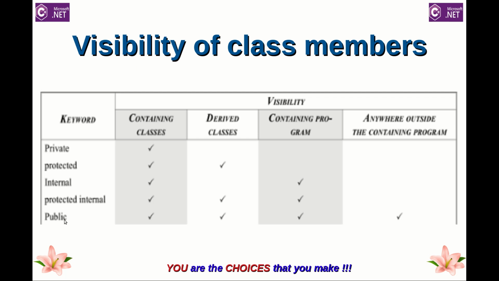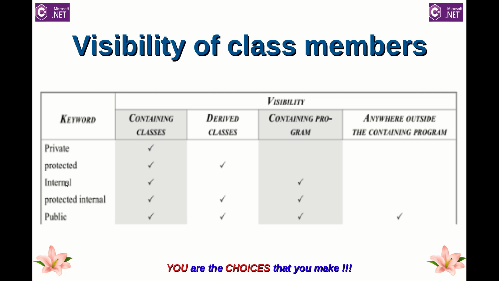And if you want to make the member to be accessed only in the class, declare it as private. If you want to make a member accessible in the class as well as in the derived class, declare it as protected. And if you want to make a member to be accessed in the containing class, derived class and in the program, declare it as protected internal.